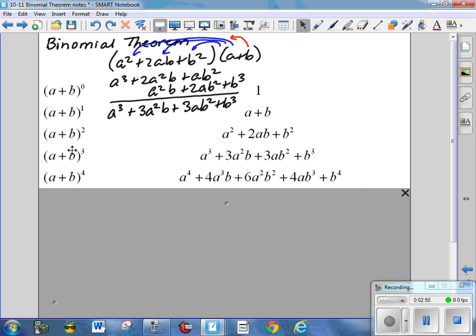In between, notice that the a exponents decrease while the b exponents increase. So I start with a cubed, b to the 0, so there's really no b there. A squared b to the first, a b to the second, b cubed. So I'm moving up with the b's and down with the a's. Up with the b's, down with the a's.